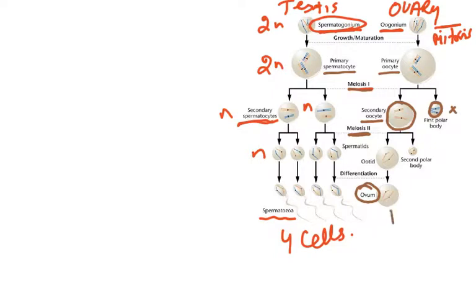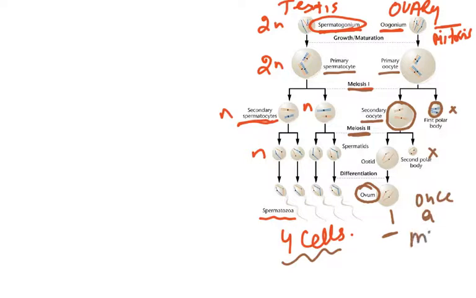So as opposed to 4 functional cells, there is only one functional cell, and the second polar body is formed. So you see, both these polar bodies are no good to us, and they just die and disintegrate. So the final cell is only one ovum, and it's produced once a month.